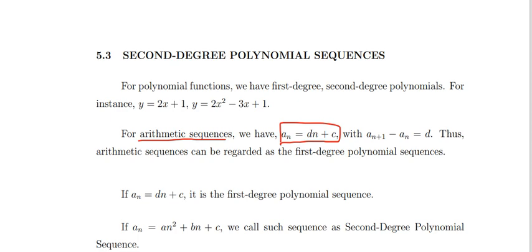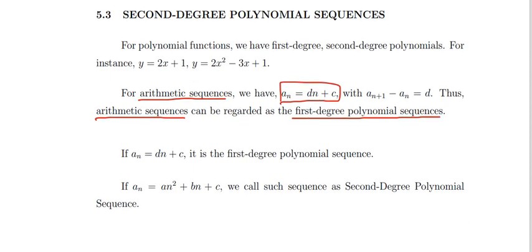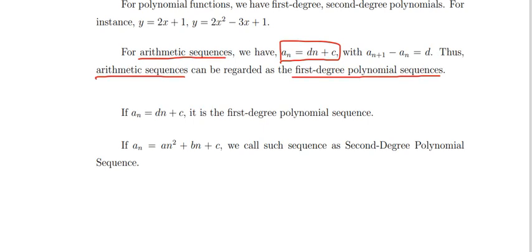So we can say this arithmetic sequence is a first-degree polynomial sequence. We can also have the second degree: an equals some number times n squared plus bn plus c, right?